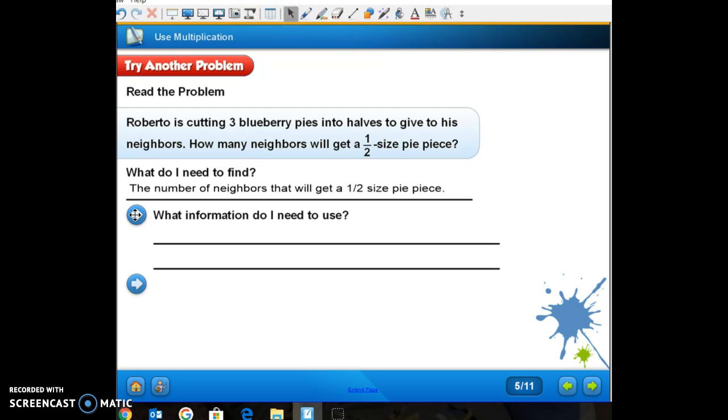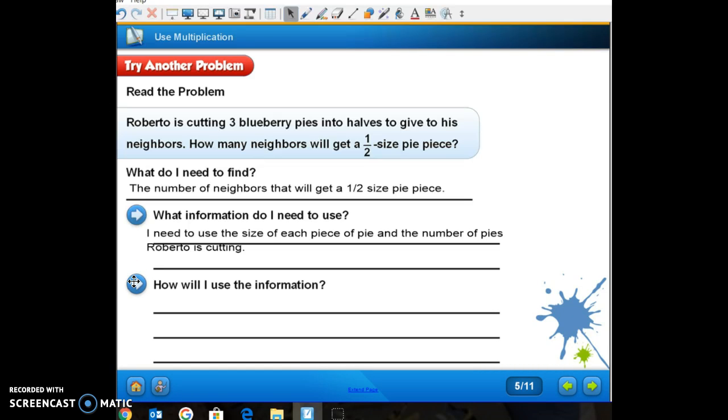What information do I need? I need to use the size of each piece of pie and the number of pies Roberto is cutting. How will I use this information? What's our strategy today?